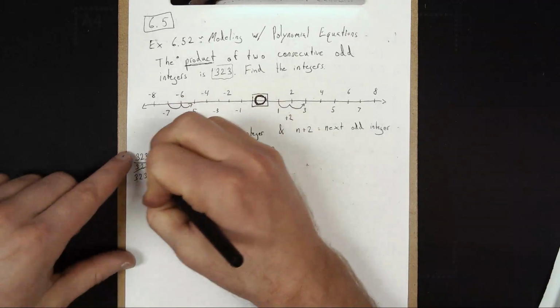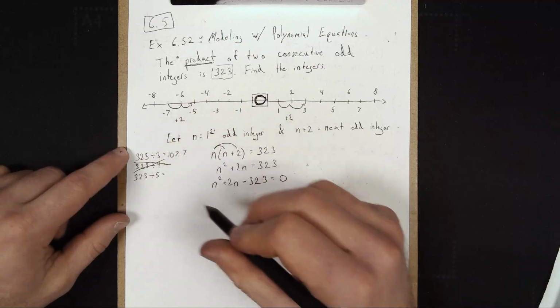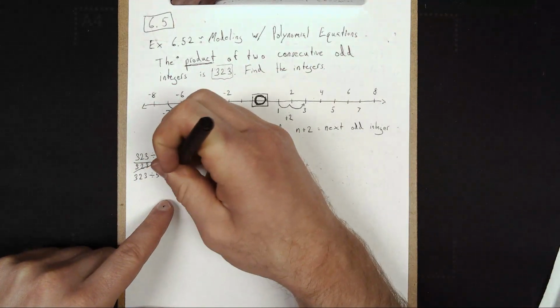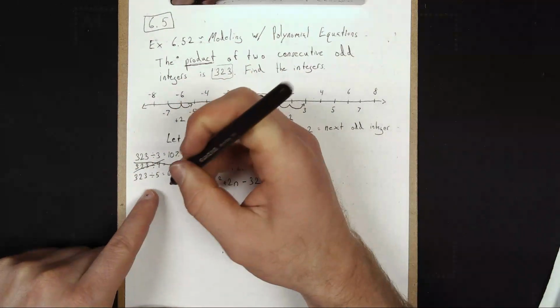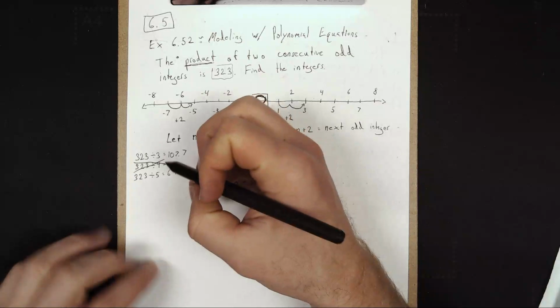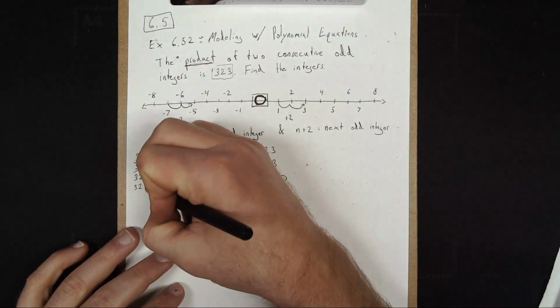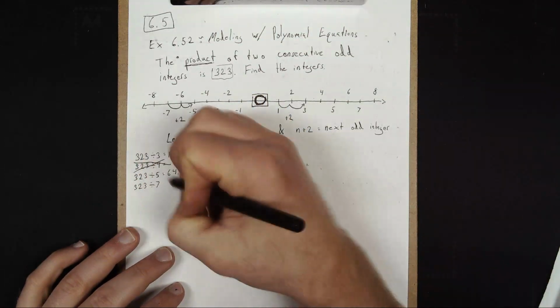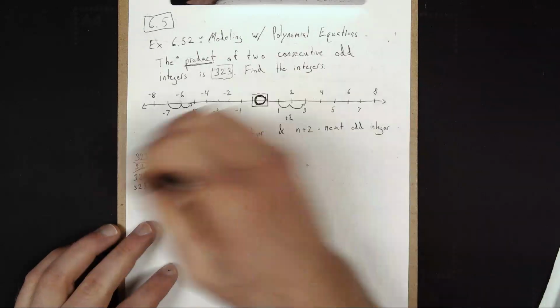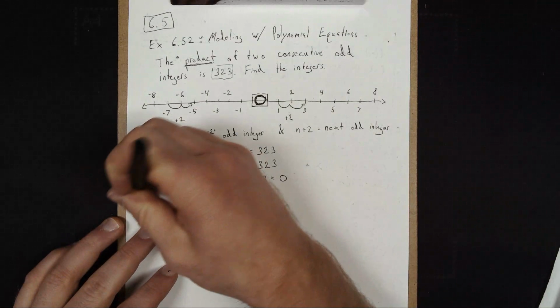You might have looked at this and said, no, 5 doesn't fit in there. I know that, that's obvious, but we did it anyways. That would actually equal 64.6, so it's not that. We're looking for a whole number answer when we do this, right? So 323 divided by 7 is 46.1. Okay, so that's not it.